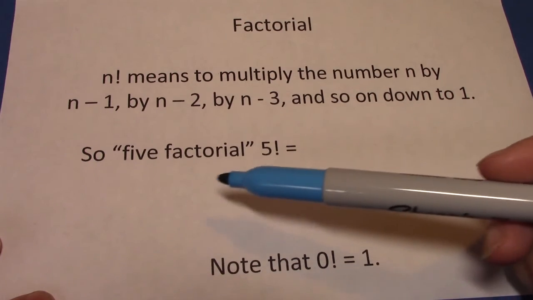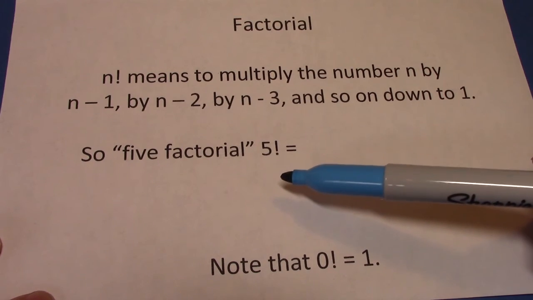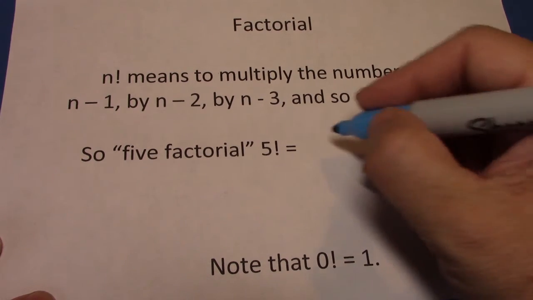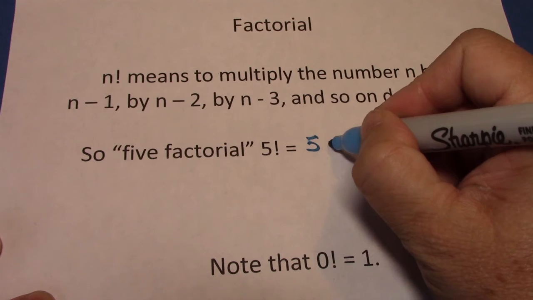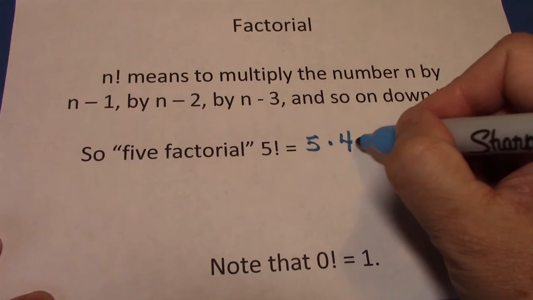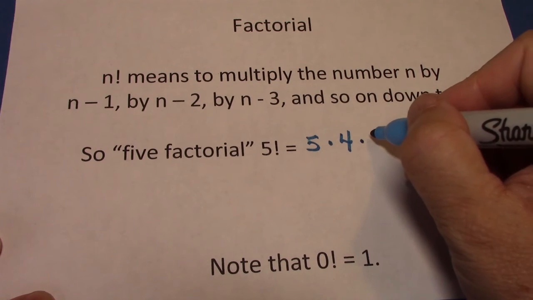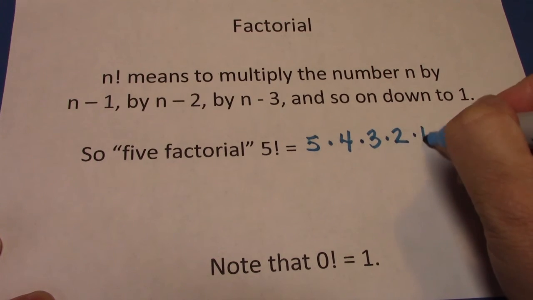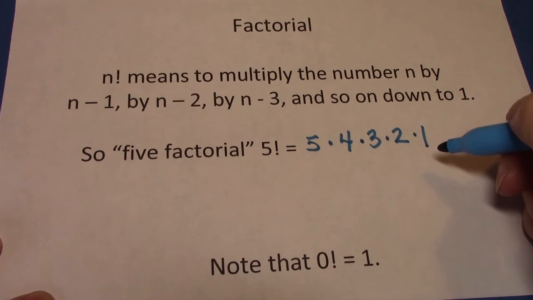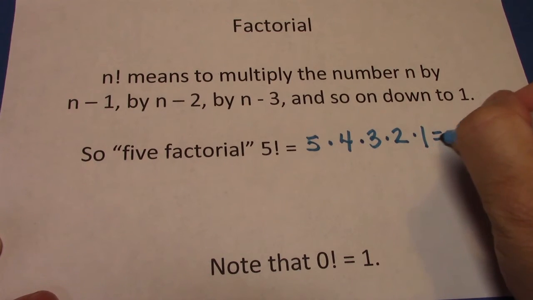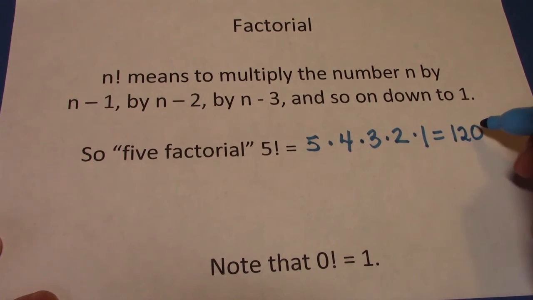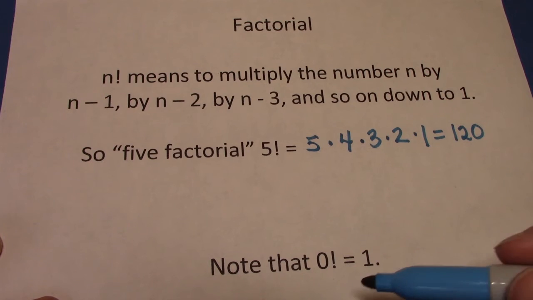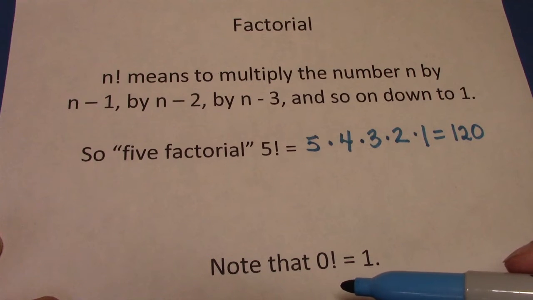So 5 factorial we write as 5 with an exclamation mark. It's 5 times 4 times 3 times 2 times 1, and when we do that all out, we get 120. Just notice that if you ever come across it, 0 factorial equals 1.